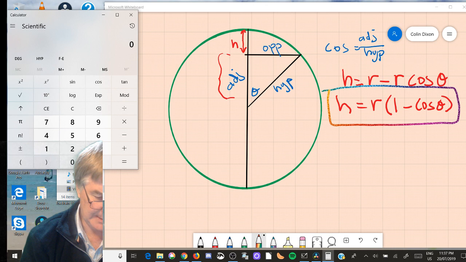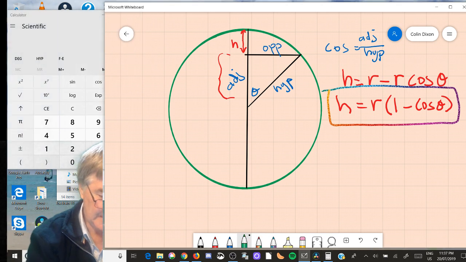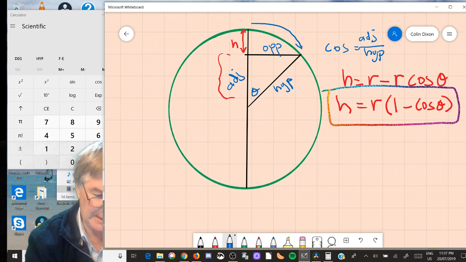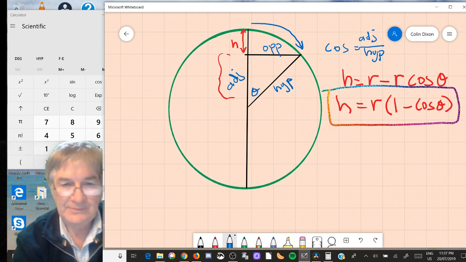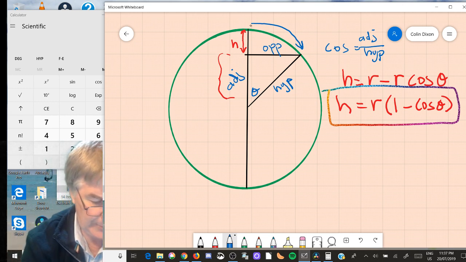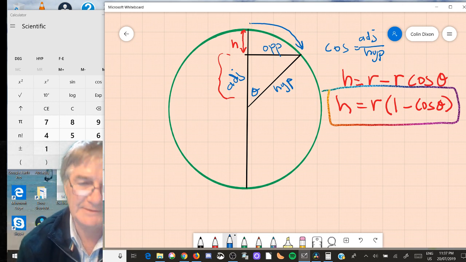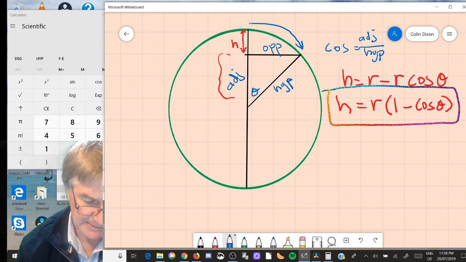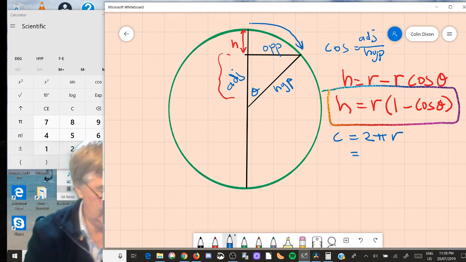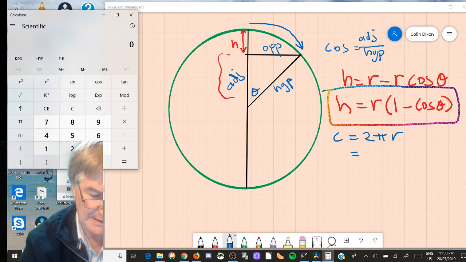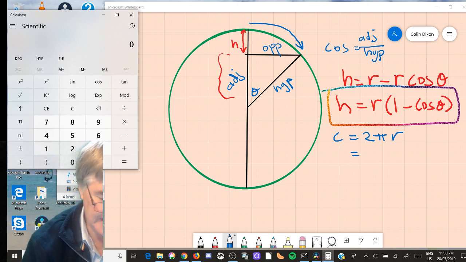If we look at this part of the circle, that was what we can measure, which is part of the circumference of the circle. So we've got to convert that into degrees. We're using the formula, the circumference of the circle is equal to 2 pi r, finding out what the circumference of the Earth is using the radius.